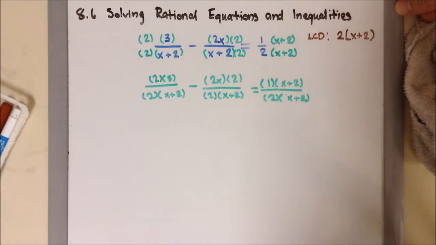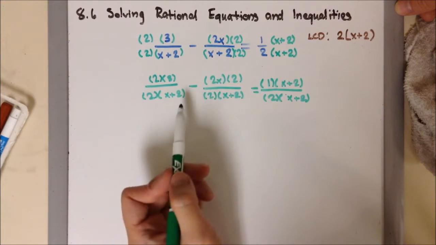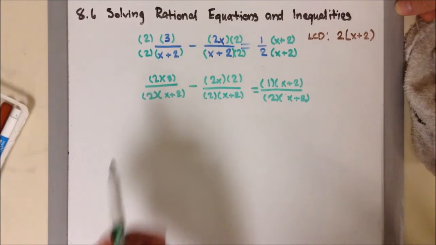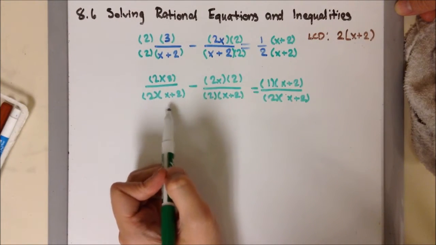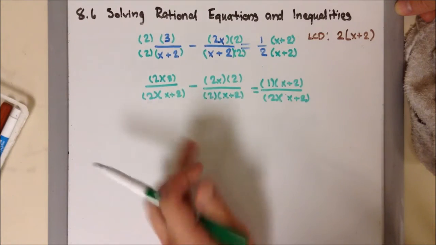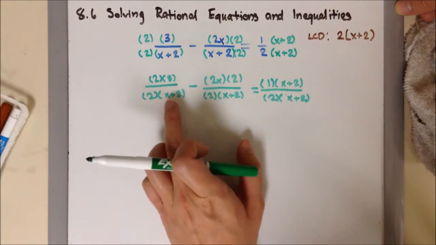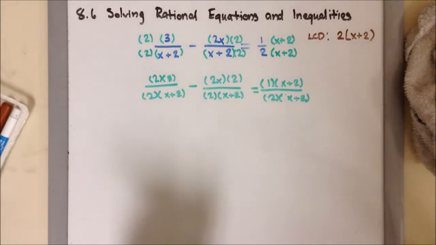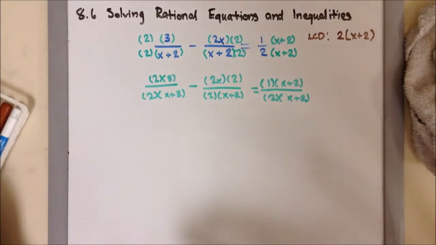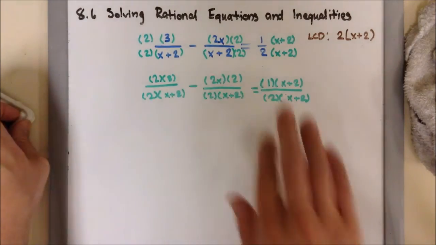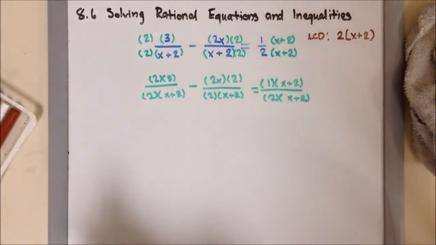Alright, now it's not necessary to rewrite it, but I'm writing this out so that you can visually see that all these fractions have 2 and x plus 2 in them. So now they have the same denominator. So the moment they have the same denominator within all fractions, you see me just going to write the numerator.